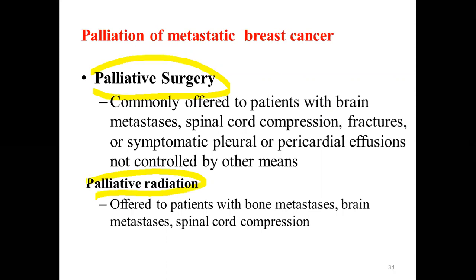If there is brain involvement or spinal cord compression, there is a possibility to do surgery. If there is involvement of the bone, maybe you can radiate, sometimes even whole brain radiation in case of brain metastasis, or radiation in case of spinal cord compression, so that you kill the tumor. So the treatment is still palliative.